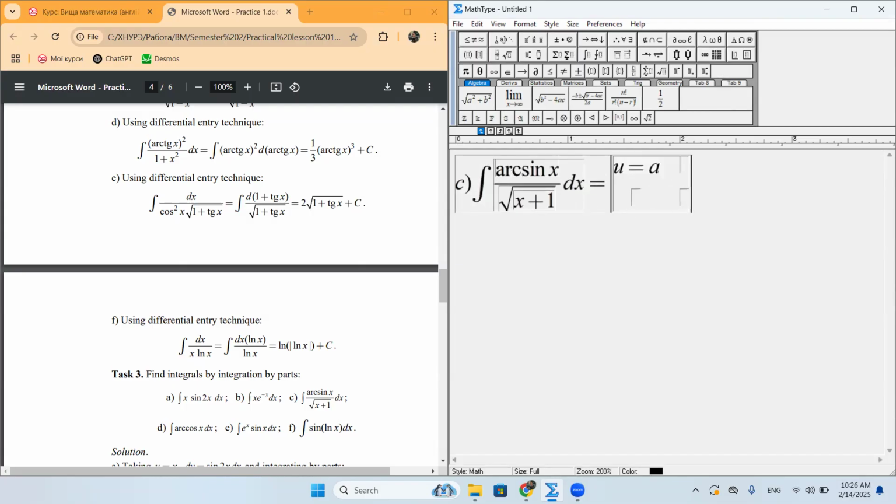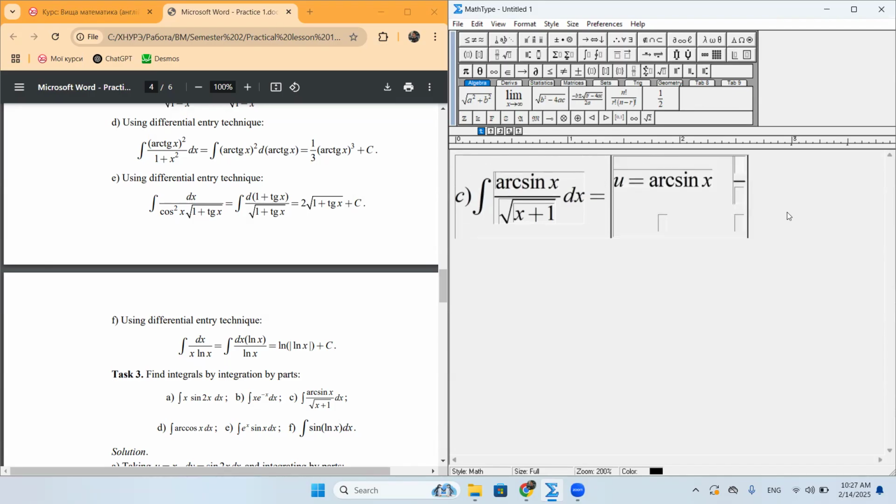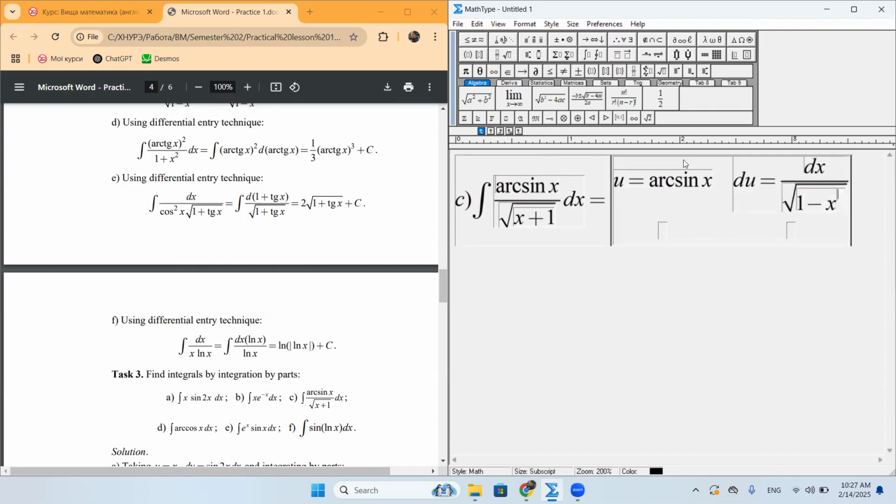So u equals arcsine of x and du equals dx divided by the square root of 1 minus x squared.